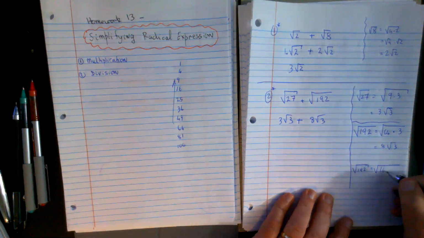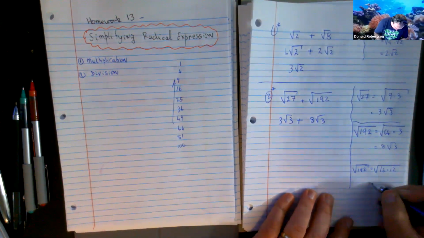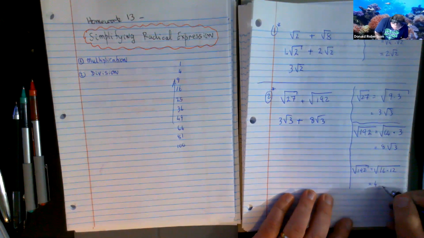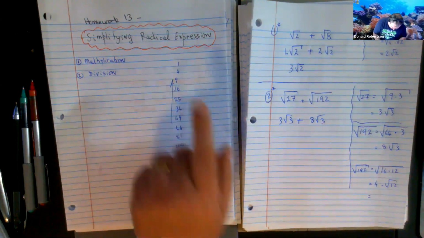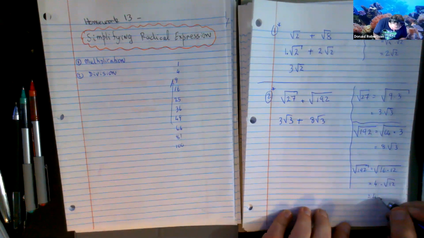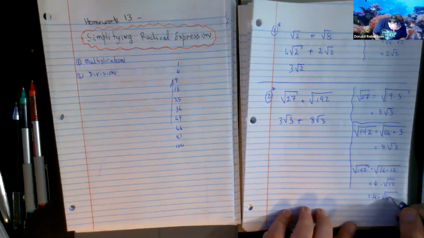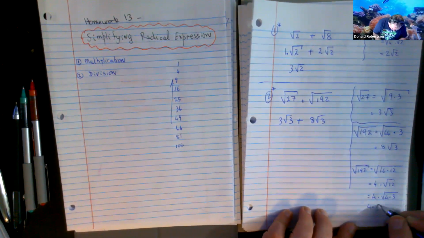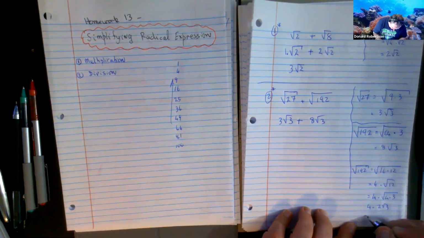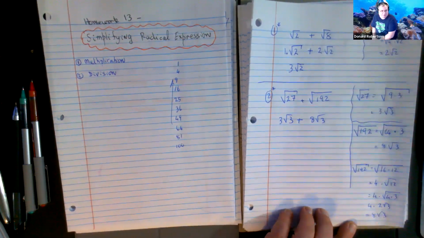Right, 16 and 12. And that becomes 4 times the square root of 12, which is good. Nothing wrong with that. Oh, wait a minute. Can't 12 be called 4 times 3? And that becomes 4 times 2 square root of 3. And guess what? You still end up at the answer.